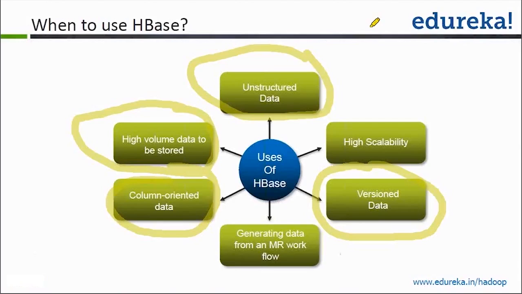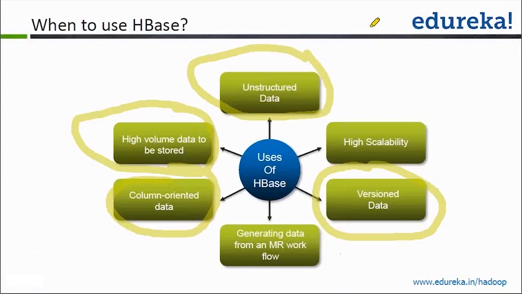With a normal RDBMS table, at one point you can store only one value in a particular column. In the case of HBase, for each column you can store three versions of the data: the current one, the one prior to that, and the one prior to that. All three versions of the data you can store and retrieve for a particular column or cell.